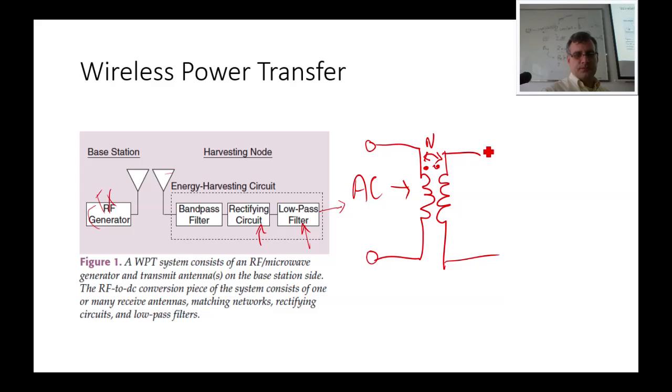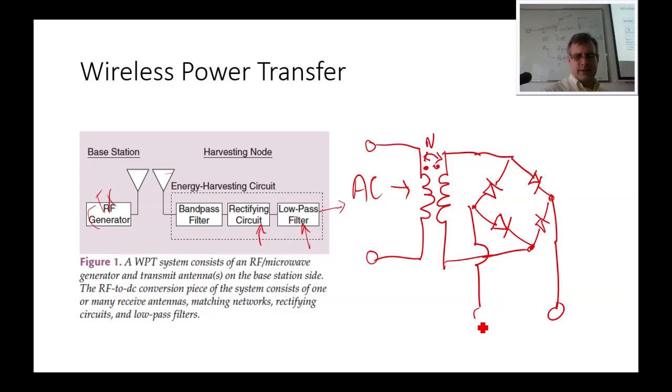And then you run it through some diodes, just like we're going to talk about. The structure that they taught me was this thing called a bridge diode configuration. This is in my power class.